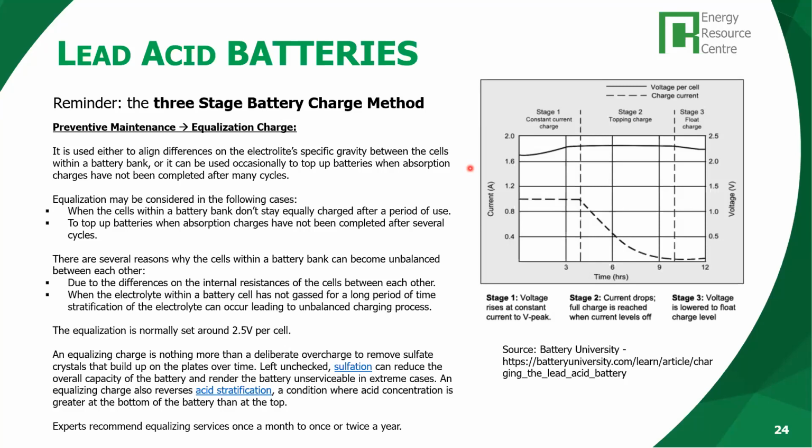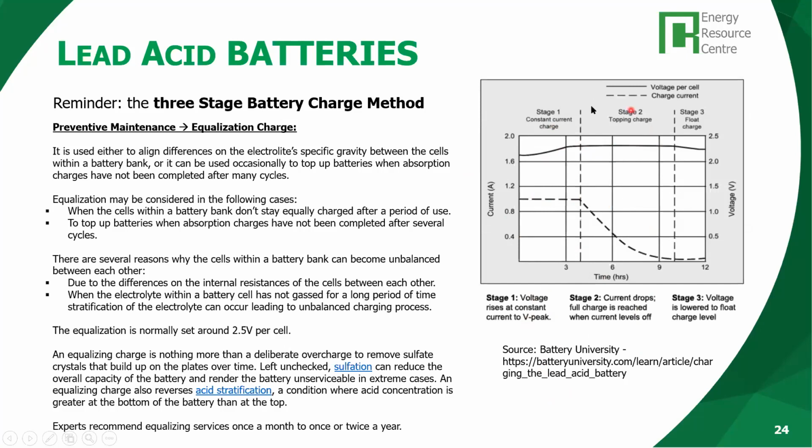Exactly. Remember, for lead-acid batteries, we have different stages in the charging cycle of a battery. We have a first stage, deep charging. Then we have a topping charging stage, where we want to keep the voltage constant.